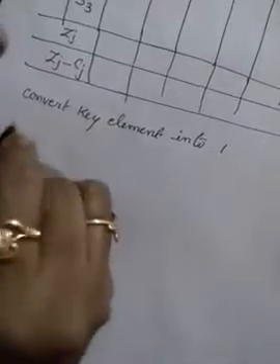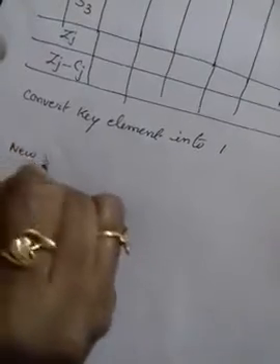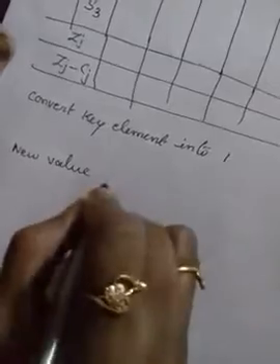The key element we have to convert into 1. So I am going to write here, convert key element into 1. The calculation part I am writing here, new value of x2.